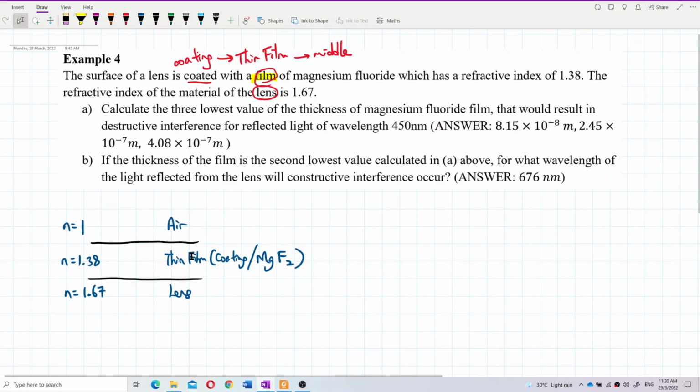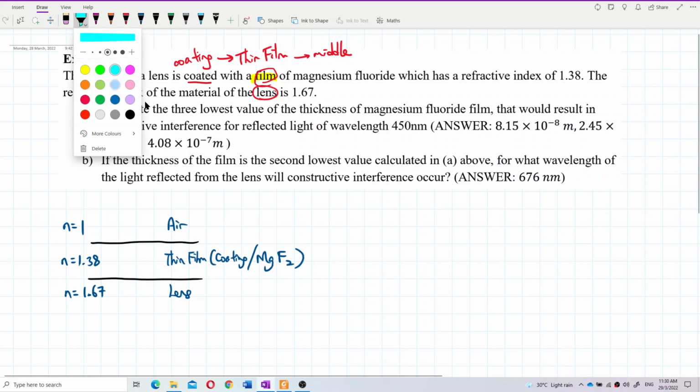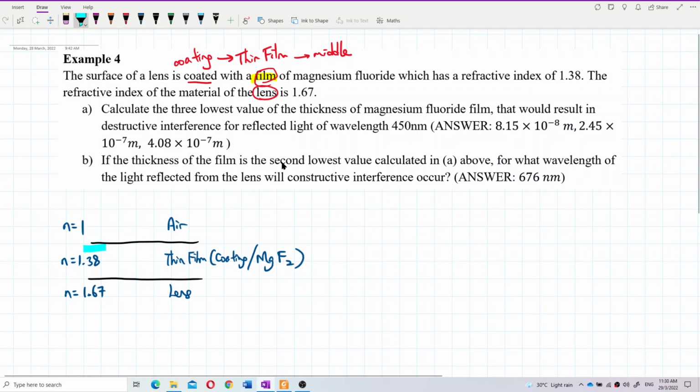Okay, good. Now calculate the three lowest values of the thickness of the magnesium fluoride film. The important thing is actually the middle layer, the film.